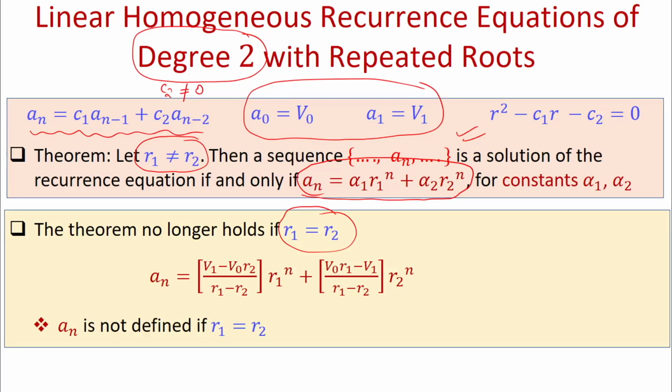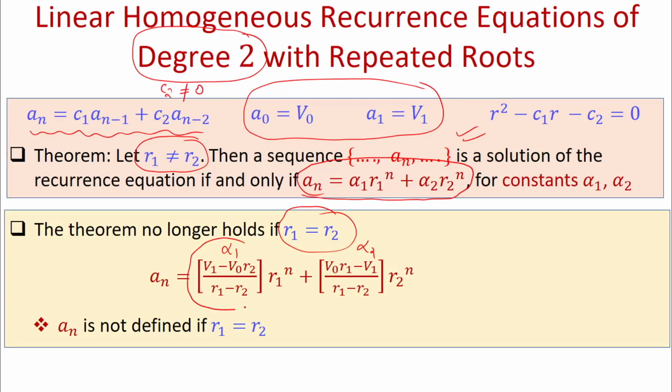This is because if you recall the proof of the last theorem, there, we wanted to find out the exact sequence satisfying the given recurrence condition as well as the initial conditions, right? So for that, our constants alpha 1 and alpha 2 turned out to be these, right?